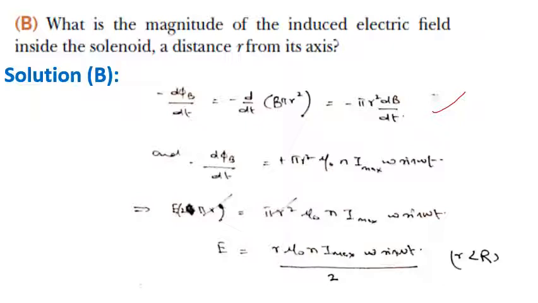But now we have radius equal to small r over here. For closed integral E dot ds, we have this on the left side, equating these two, and now we get the value of E equals small r mu naught n I max omega sine of omega t divided by 2 when we have small r less than capital R, that is lying within the solenoid.